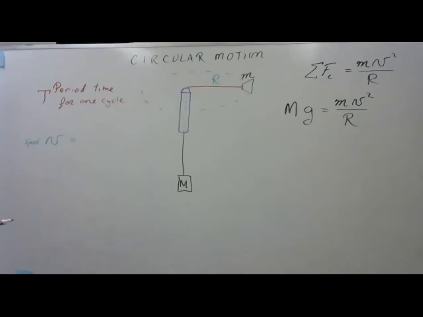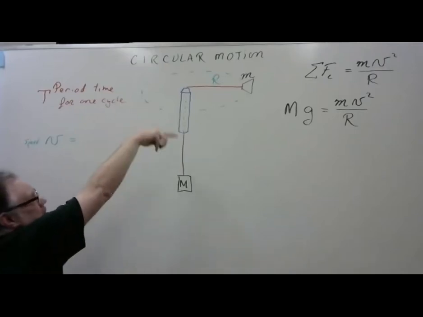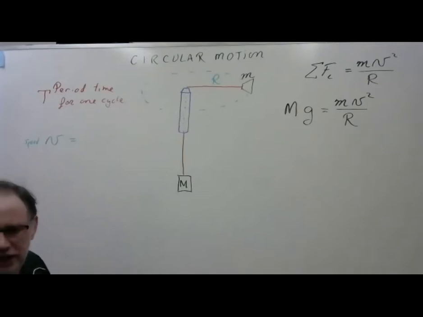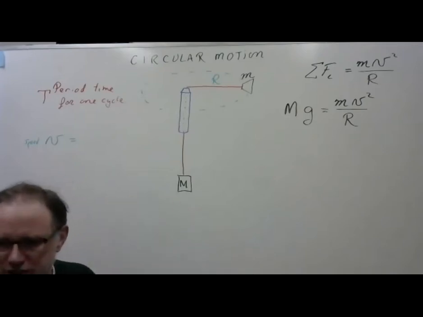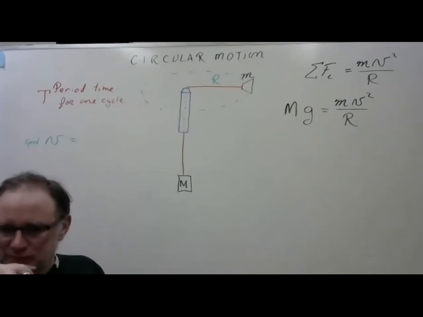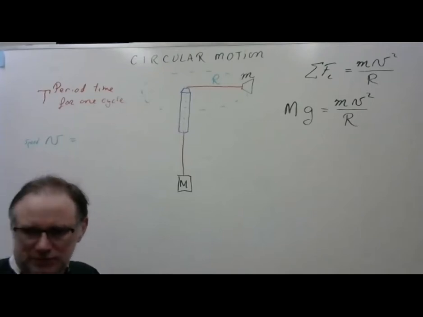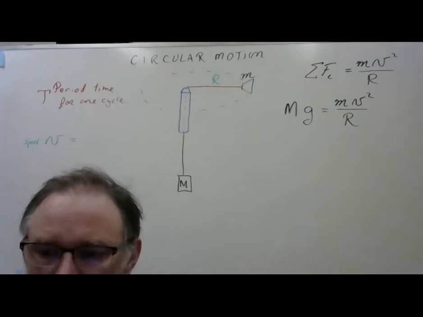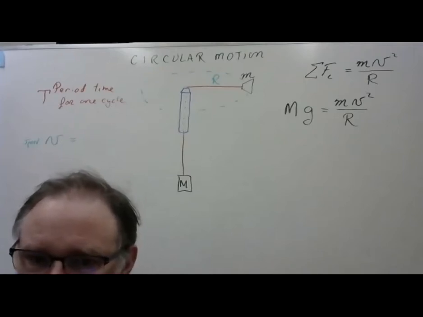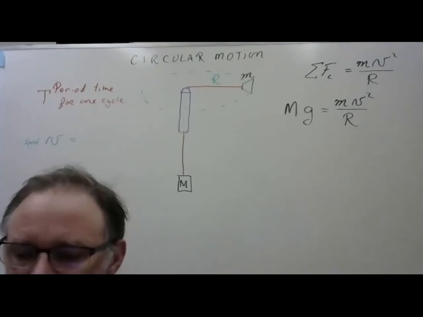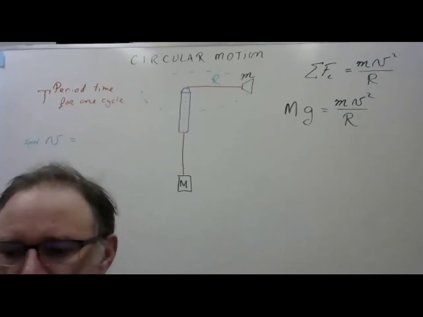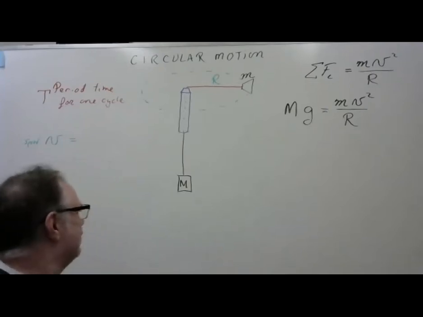So in one circle, what is the distance that the thing will travel? What do we call the distance for one circle? Circumference. Good. Jose, good job.